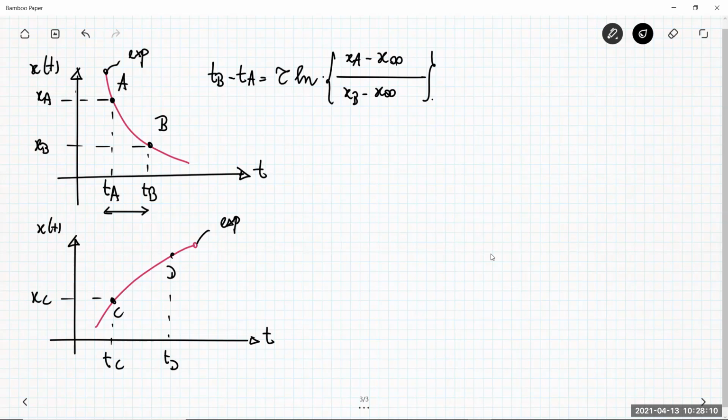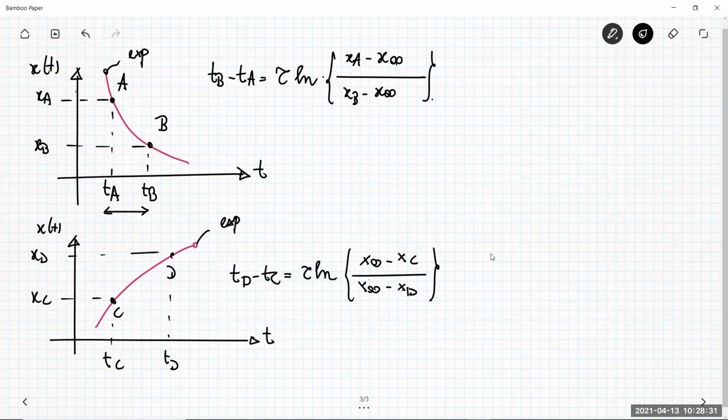Then we have Xc, Xd here. Again, Td minus Tc is tau natural logarithm of x infinite minus xc, over x infinite minus xd.